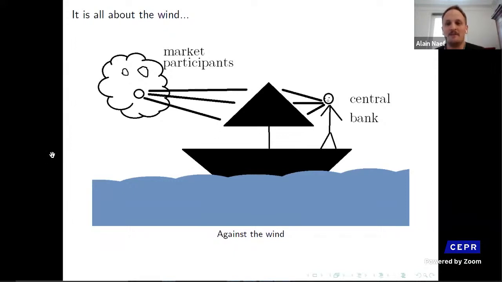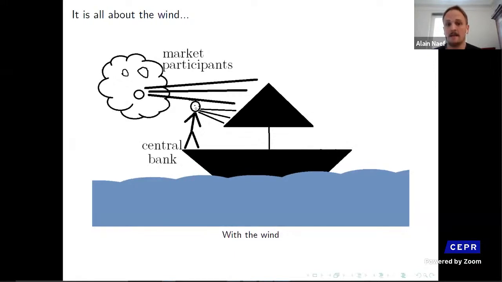So what are we looking at here? We're looking at an intervention that goes against the wind. This language comes from central bankers. It just means that the market is pushing the exchange rate in one direction, and the central bank is trying to push it in another direction. That's a traditional intervention where you're trying to reverse the impact of the foreign exchange market. Then there's another case when the central bank goes in the same direction as the market.